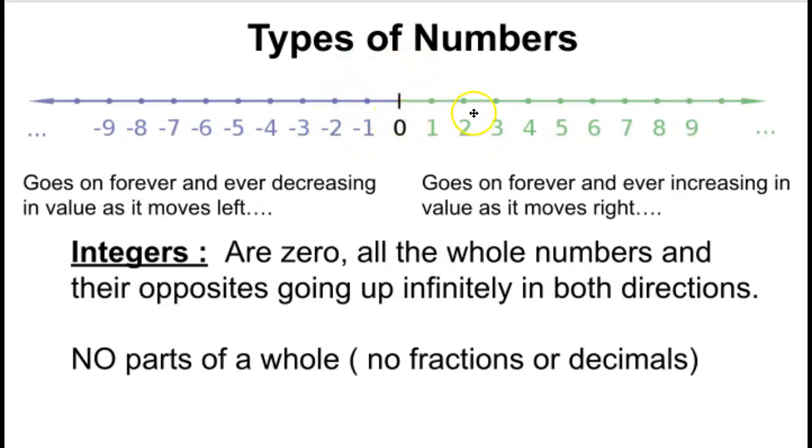Now, just like the positive whole numbers go on forever to the right and they increase in value, the opposites of the whole numbers will go on forever in the opposite direction, but instead of increasing in value, they will decrease in value as they move forever to the left. It is also important to remember that though they will include negative numbers, integers cannot be fractions or decimals.